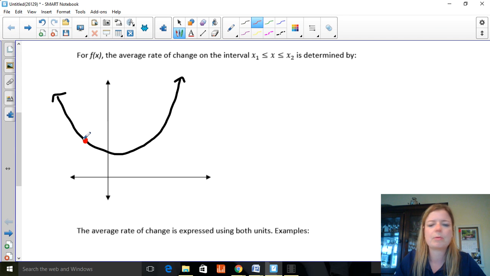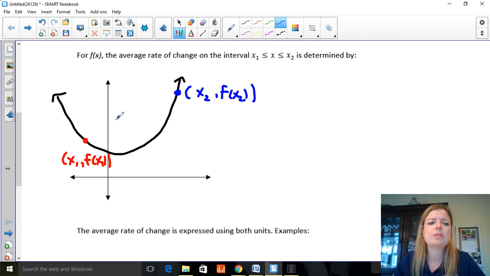We're going to call this point x1, the x value x1, and then the y value, using function notation, will just be f at x1. Then we're going to do a second point over here, and its x value will be x2, and its y value in function notation is just f at x2.